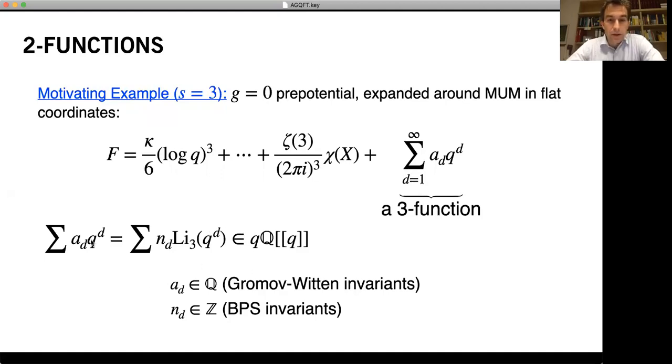In this mirror symmetry interpretation, these a_d are rational numbers, which are Gromov-Witten invariants, and the n_d, the integers that you get when you expand in this trilogarithm, are BPS invariants. Okay, so that's the motivating example.